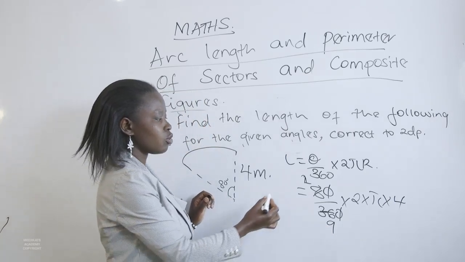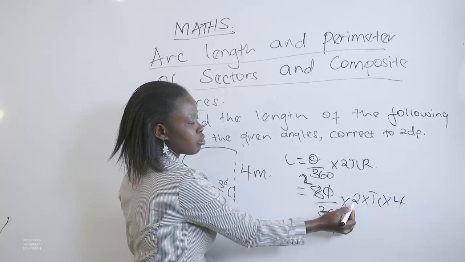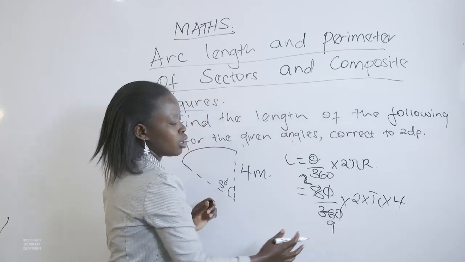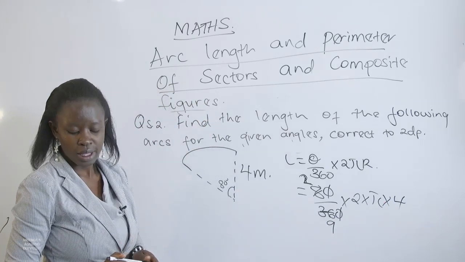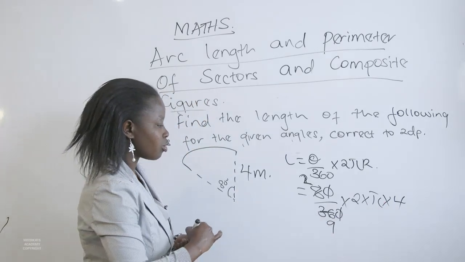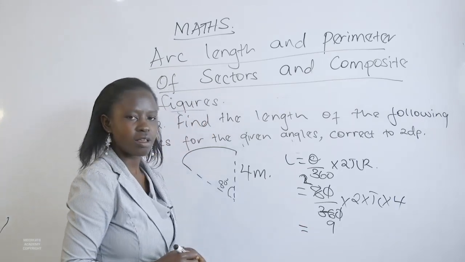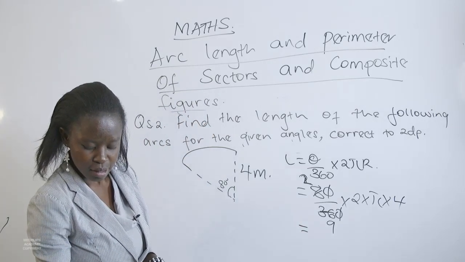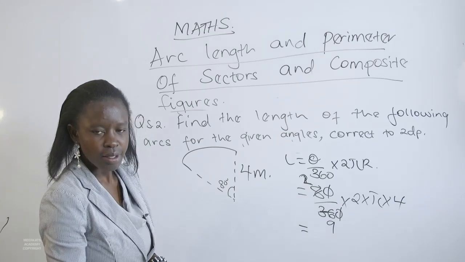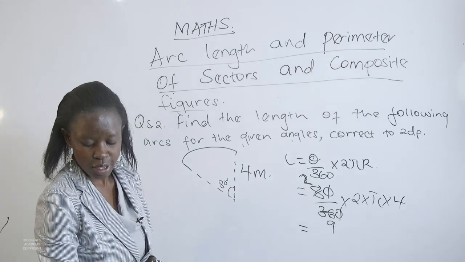So we have 2 times 2 times pi times 4, then divided by 9. What is the value of that given answer? We can just press on our calculators and get the required figure.